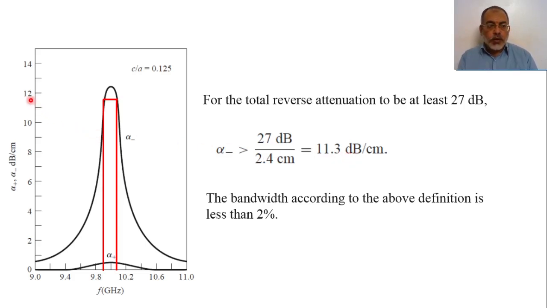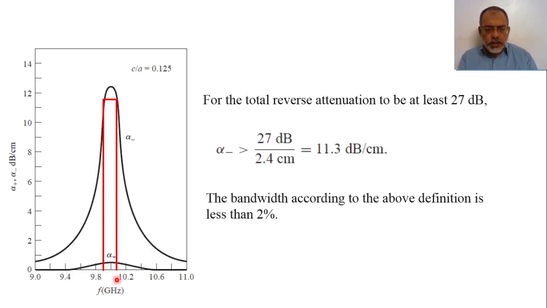So we are going to take 11.3 dB per centimeter as a horizontal line, and we get the intersection with the frequency curve. We can find that the minimum frequency is around 9.9 GHz, for example, and here is around 10.1 GHz nearly.